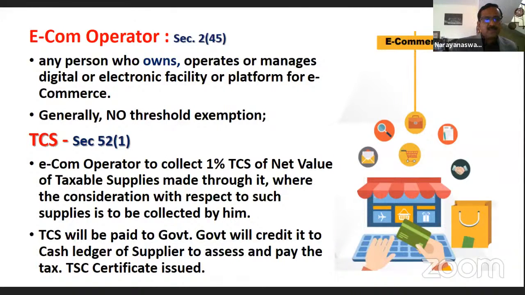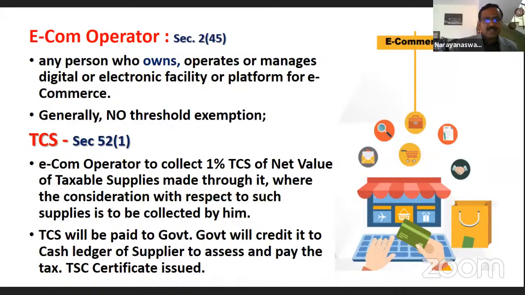So the seller is supposed to register, file the returns and pay the taxes. To ensure that the seller registers and pays the taxes, the e-com operator is required to charge 1% of the tax, CGST and SGST, on the amounts he is going to receive minus his own commission. He has to pay and give the balance amount to the seller of the products.